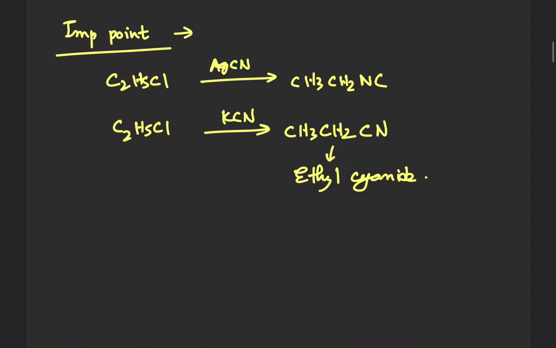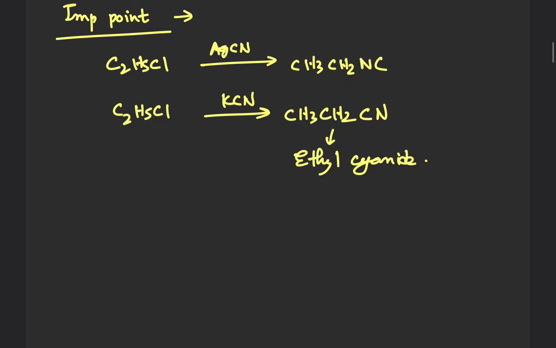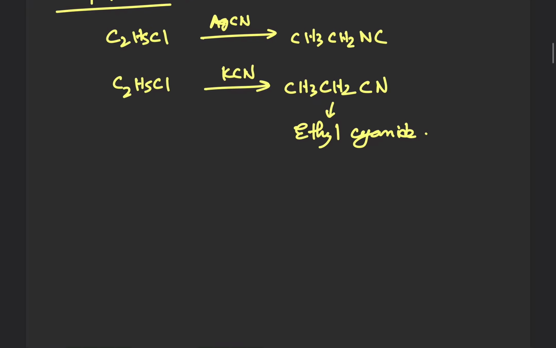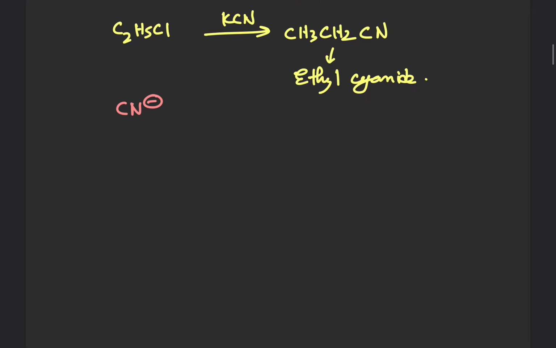Okay, so this difference in behavior is because in both of them, CN minus is the nucleophile. Okay, and CN minus can show resonance. So I will draw its resonance structures. C triple bond N, and this electron pair can shift to nitrogen.